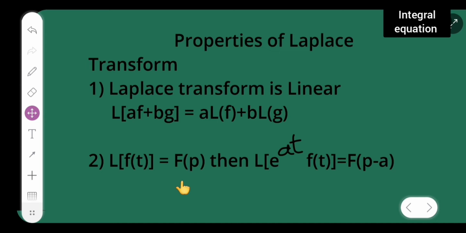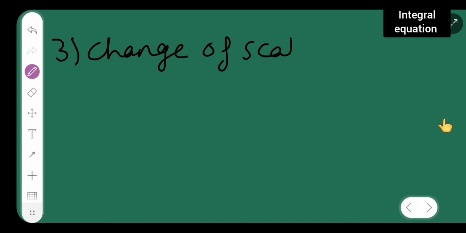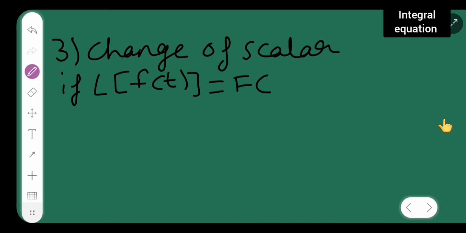Now let me give you all the third one. Let me write it down over here. Third is the change of scale. If Laplace of f of t is equal to F of p, then what will happen?